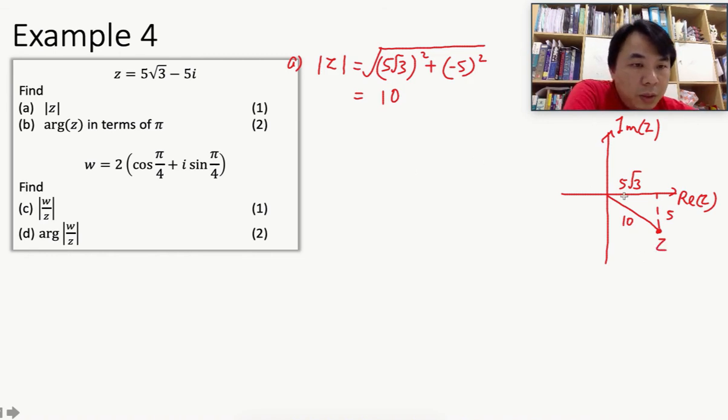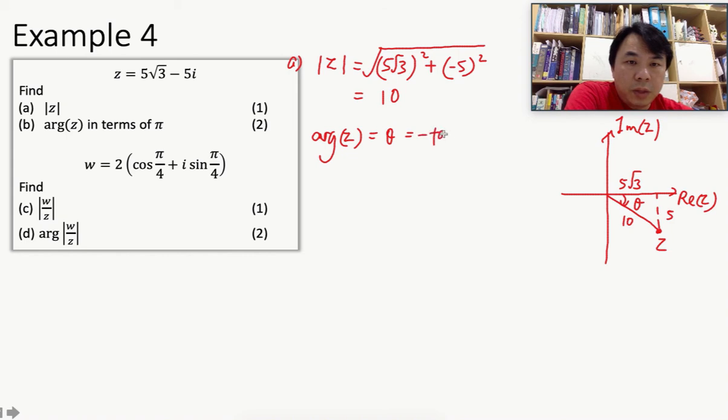Now, how do we work out the argument? The argument in this case is measured from the real axis, clockwise measurement. This one will be our argument. So argument of z is basically equal to theta in this case. Now we know that because we measure it clockwise, it must be a negative.